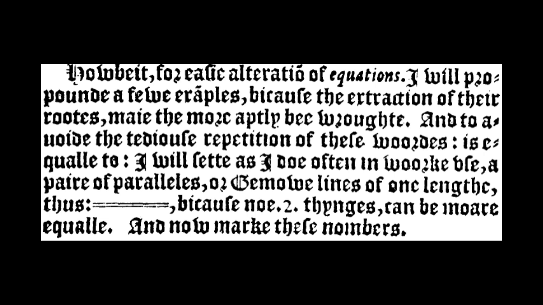And to avoid the tedious repetition of these words, is equal to, I will set, as I do often in work use, a pair of parallels, or gemowe lines, of one length, thus, the equal sign, because no two things can be more equal. By the way, gemowe, or maybe jumeaux, that's probably it, is French for twins, so it's twin lines is what he's saying there.